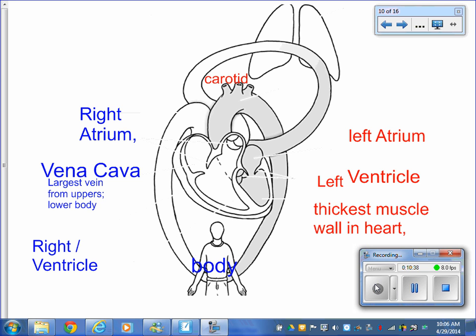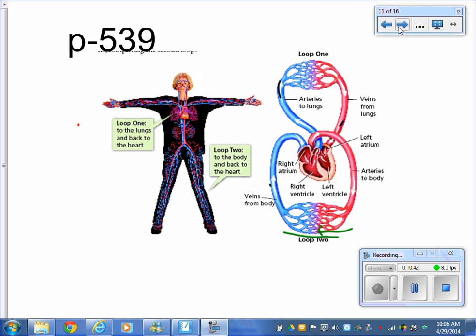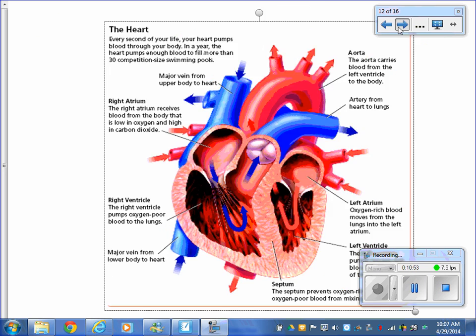When you look in the textbook, you have this picture, which is obviously much more detailed. Many more capillary beds. And we also have this picture of the heart, which is again much more detailed. But in order to figure out what's happening, we're going to start with a simpler picture.